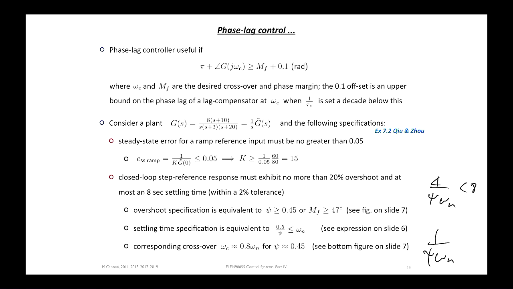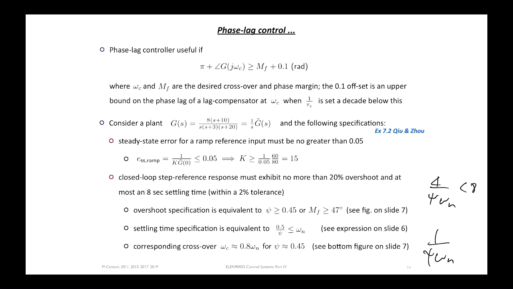The thing to be careful of here is that intuitively, you would think that by increasing omega c, you'll increase omega n, but that won't necessarily lead to a reduction in the settling time, which relates to this time constant, because increasing omega c, which increases omega n, might make the damping smaller.